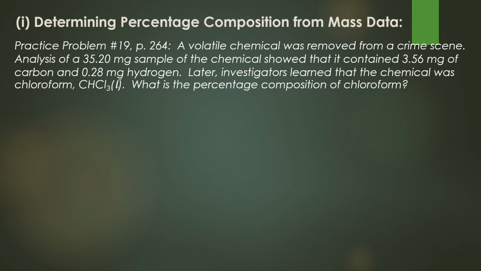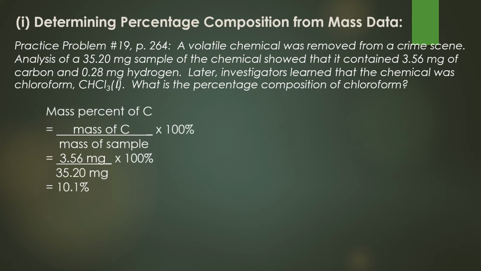Later, investigators learned that the chemical was chloroform, CHCl3. What is the percentage composition of chloroform? When you're asked percentage composition, you need to do the mass percent calculation for each element involved. So you're going to have to do it for carbon, for hydrogen, and also for chlorine. Notice that you are not given the mass of chlorine, but you can figure it out.